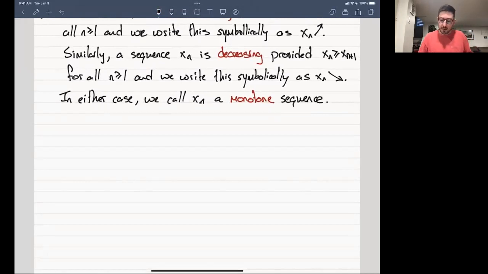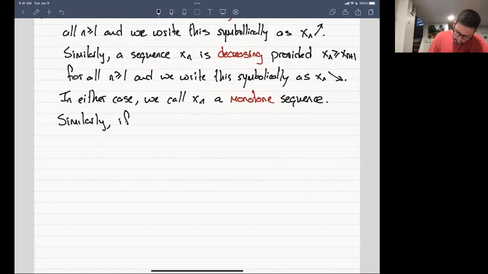And we can add a little bit more to this. If those inequalities are strict, then we say that these things are strictly monotone, or strictly increasing or strictly decreasing. So let's just round out this definition here with strictly.